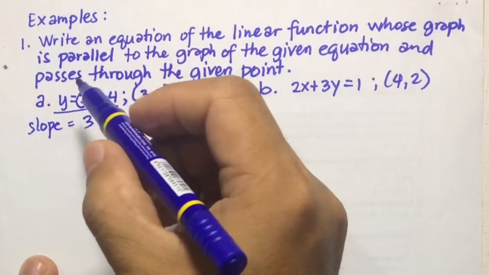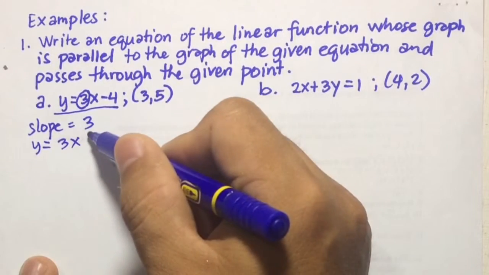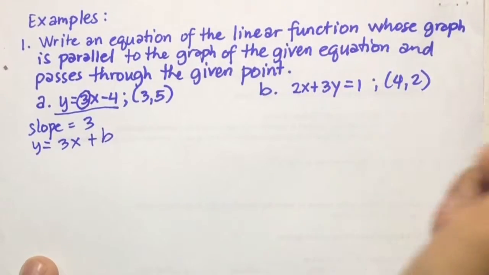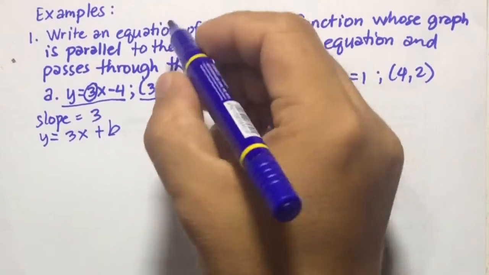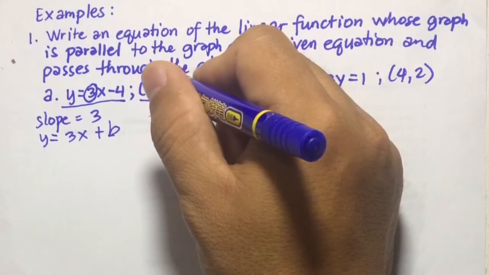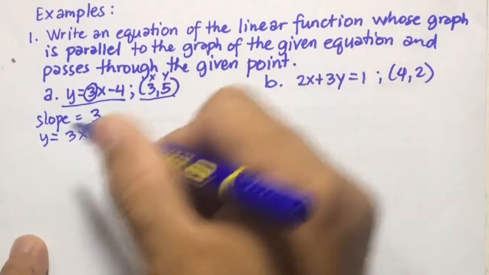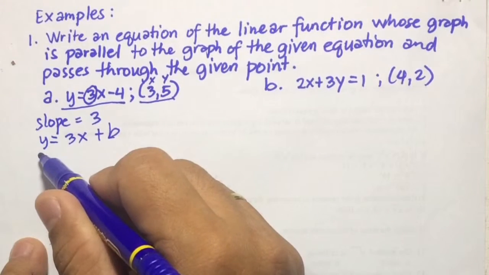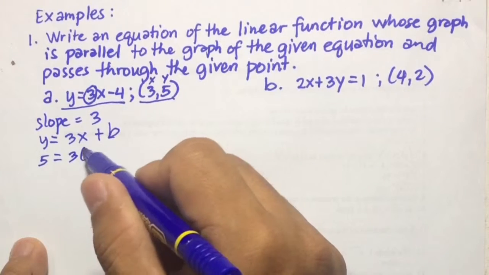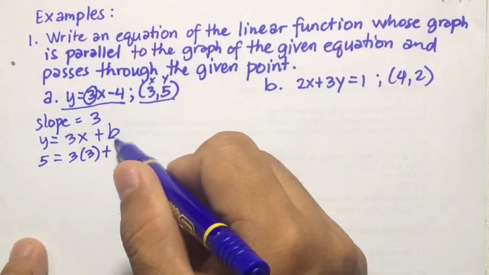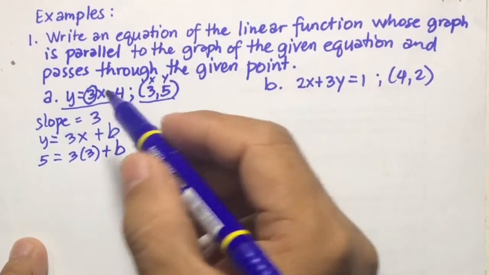So the required equation will be y equals 3x plus b. Then using the given point (3, 5), we substitute x with 3 and y with 5. So we're going to have our equation as 5 equals 3 times 3 plus b. Our aim here is to find the value of b.